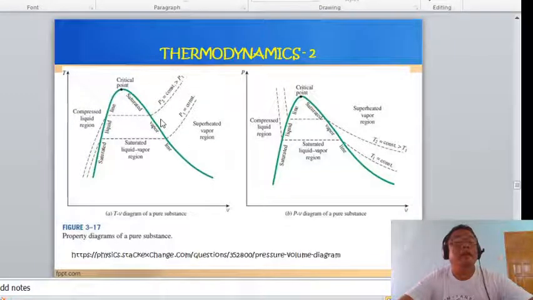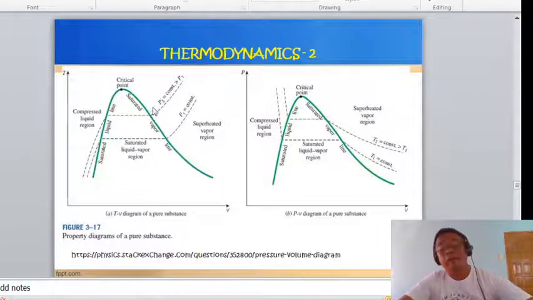At the PV diagram, again the same: you have the compressed liquid, superheated vapor, critical point, and then the mixture at the inside portion of the diagram.